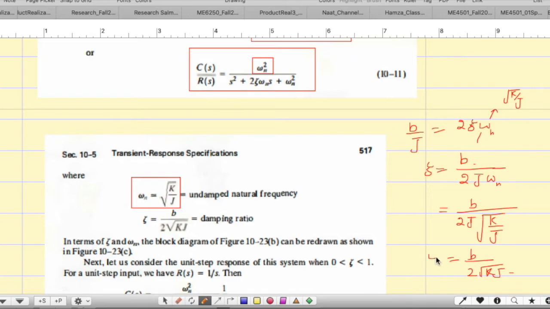This is the same thing which the book has written down for zeta, the damping ratio of the torsional vibration.